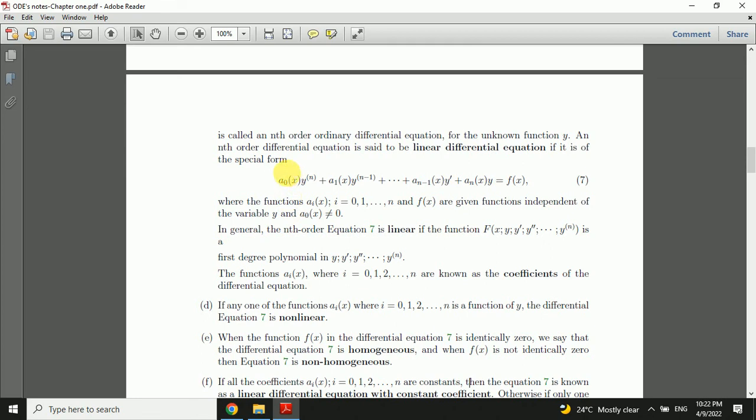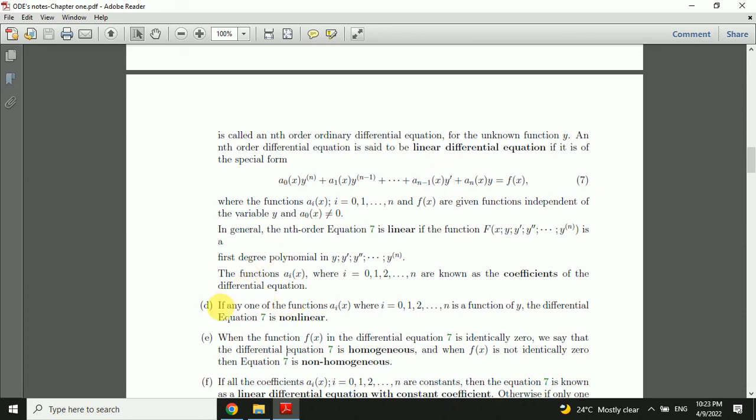The coefficients are the terms which are being multiplied by the derivatives of the unknown function. So the coefficient of the nth derivative is a0 of x. The coefficient of the n minus 1th derivative is a1 of x, and so on. We call them coefficients, just like in equations. If you have an expression like 3x squared plus 1, then we say the coefficient of x squared is 3, because that is the term that you're multiplying by x squared.